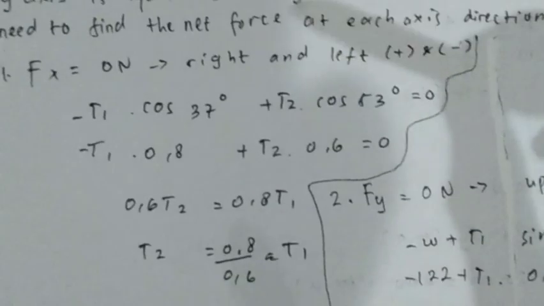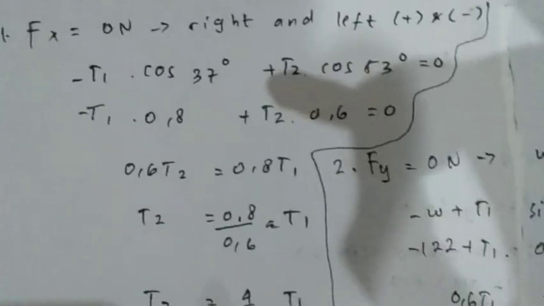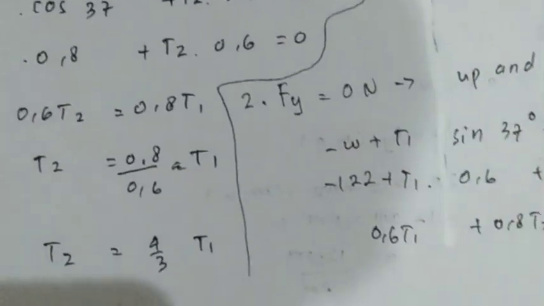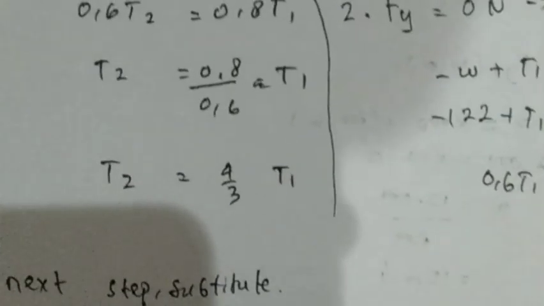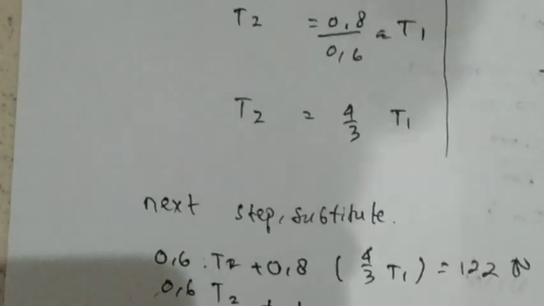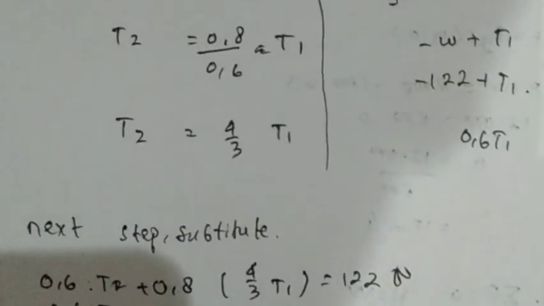For number 4, in this case the object remains still, so both the x-axis and y-axis are equal to 0. To get the value of each T1 and T2, we need to find the net force of each axis direction. First one, Fx equals 0, and right and left are positive and negative.